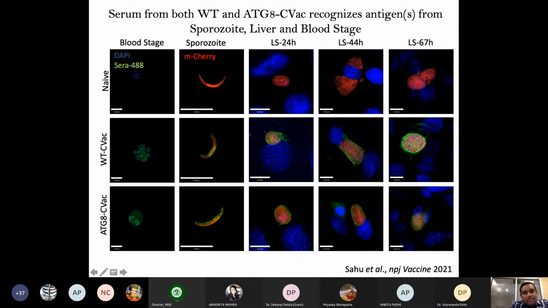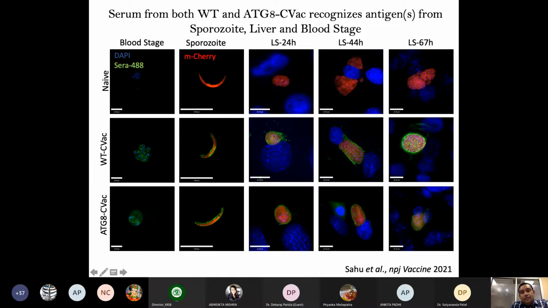And these are different parasite stages. This is the blood stage, the leftmost panel, and this is the sporozoite stage, the form that is transferred to the human or mammalian host from the mosquito. And this is the liver stage at different time points, because we are targeting the liver stage.